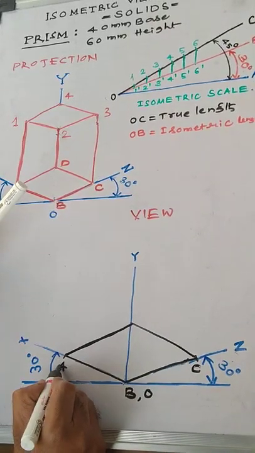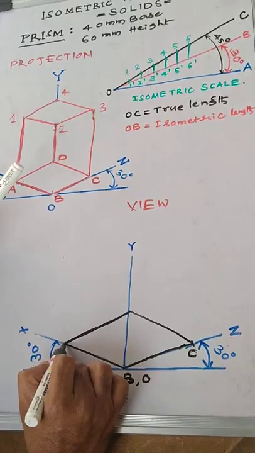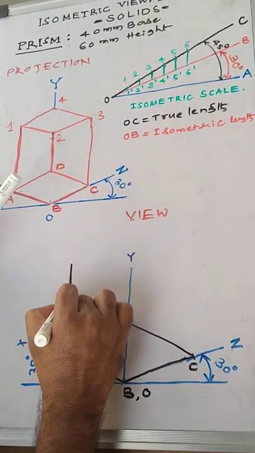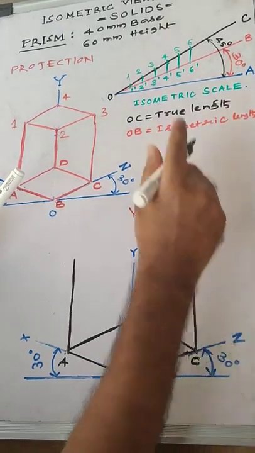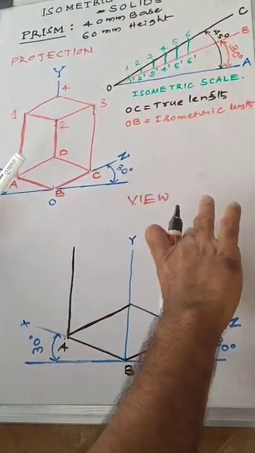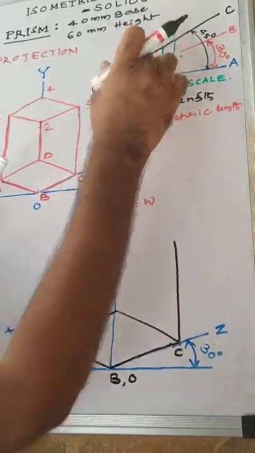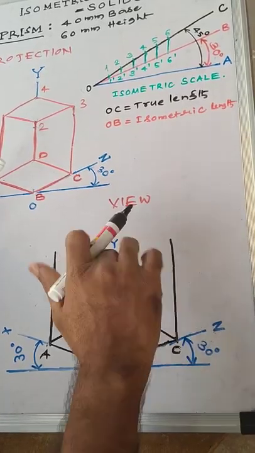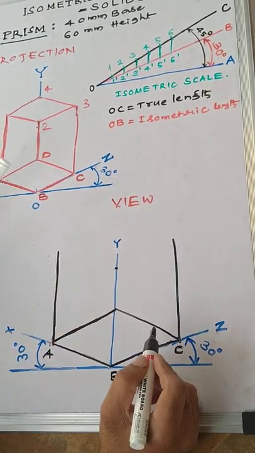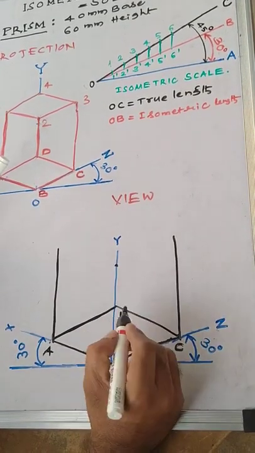So from A point, draw a parallel line to OY of length 60. From OC 60. Got it? Similarly, from B point 60. Now this is the concerned D point.